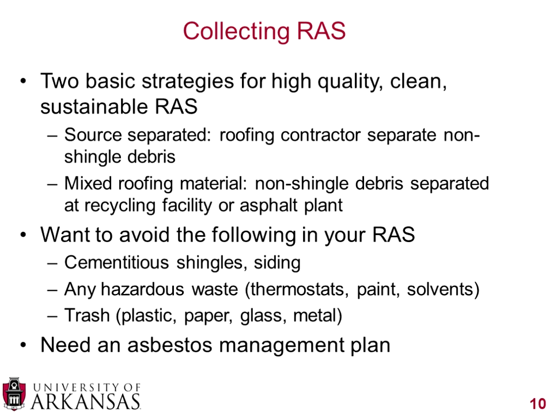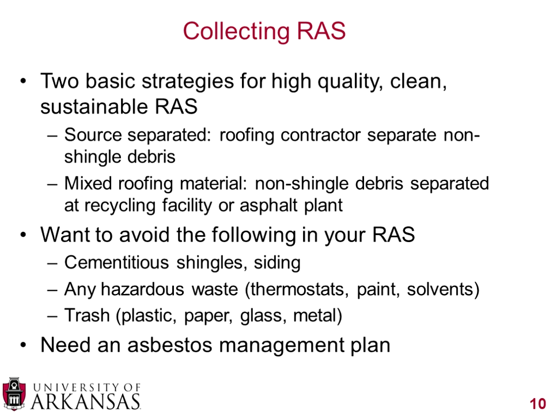Those types of things can include cementitious shingles or siding. If you're on a construction site, you can have different types of shingles. And also, because it's a construction site, you may find siding or other components of construction within your RAS. You certainly need to get rid of any hazardous waste, and some common items at job sites include thermostats, paints, or solvents.